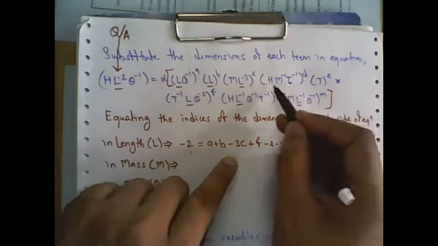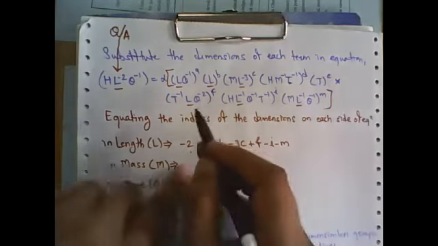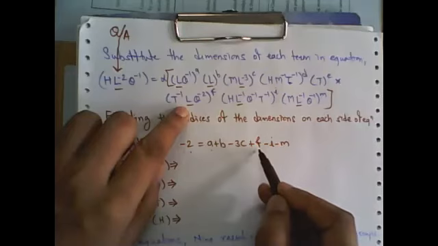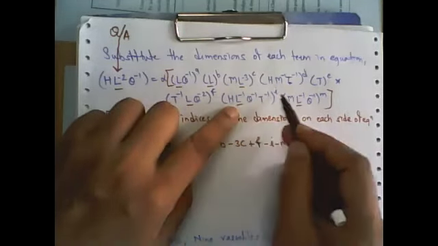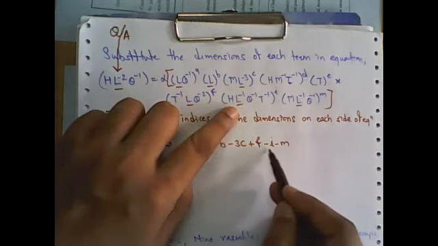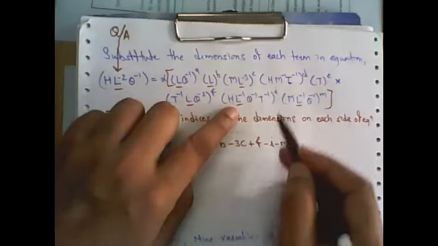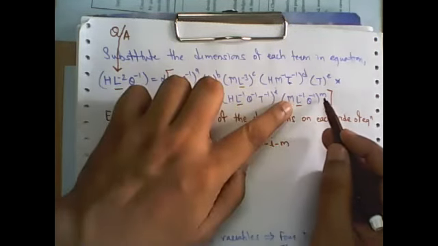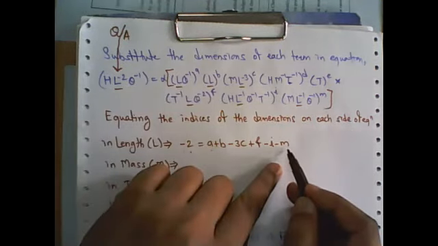Then here L is absent, here L is absent, here L raised to F, so plus F. Then L raised to minus 1 and I, so it should be minus I, because minus 1 into I is minus I. Then L raised to minus 1 raised to M, so it should be minus M.